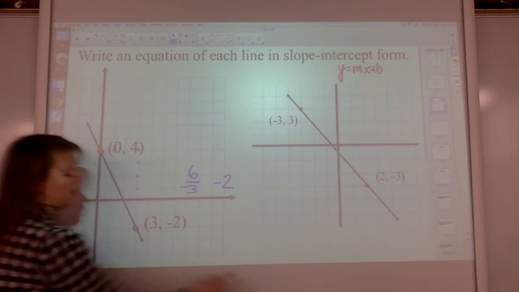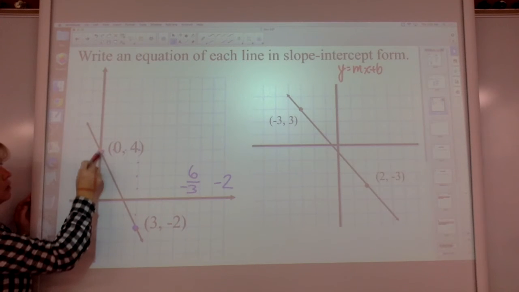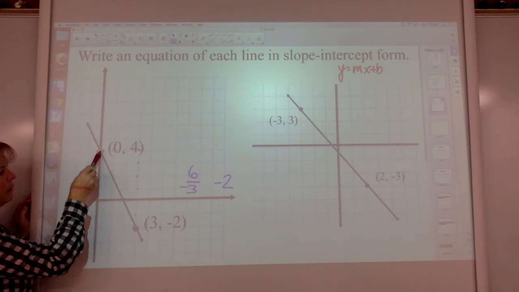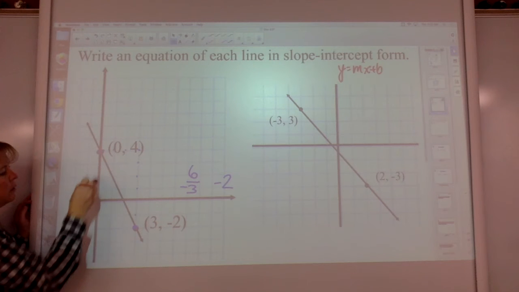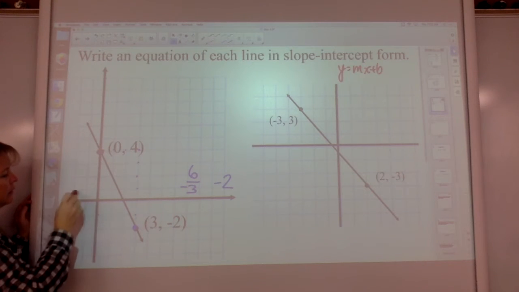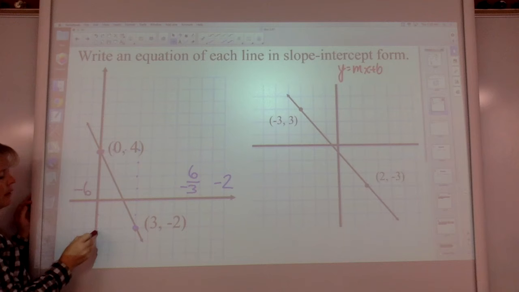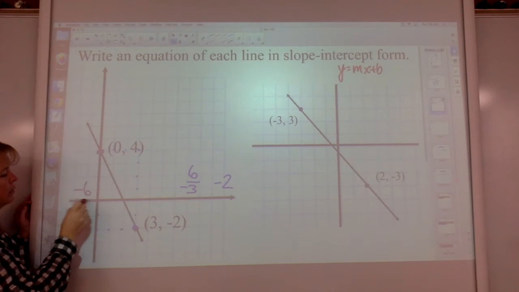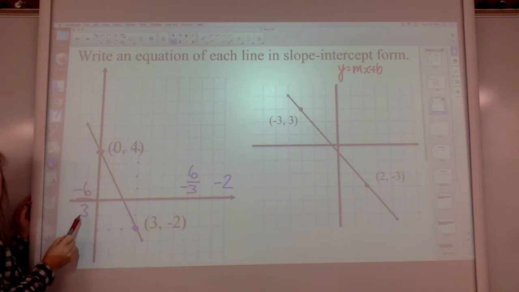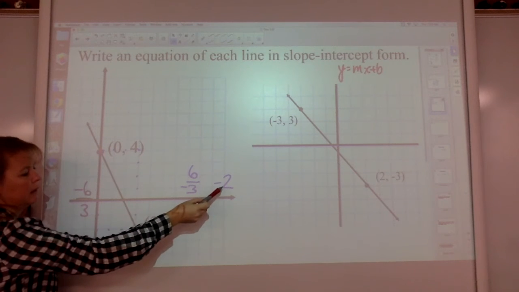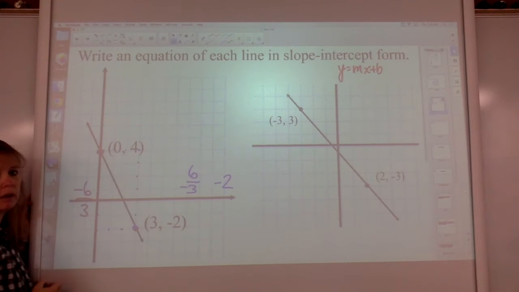Now let me make a point of this, that if somebody chose to count the slope from this point and went down 1, 2, 3, 4, 5, 6, down 6, they would then go to the right 3 spaces, and a negative 6 divided by 3 is still a negative 2. Or that's one way you could check your answer.